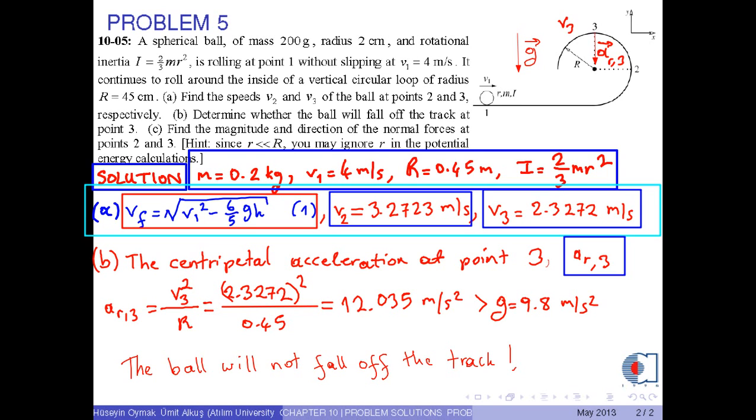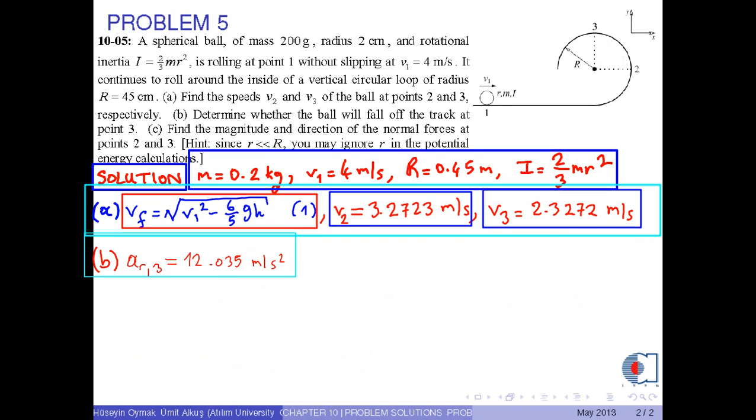In part C, we will find the normal forces at points 2 and 3. If we draw all the external forces on the ball at point 2, we find the normal force as N2 equals m times v2 squared over R, since N2 is the only force in the centripetal direction.